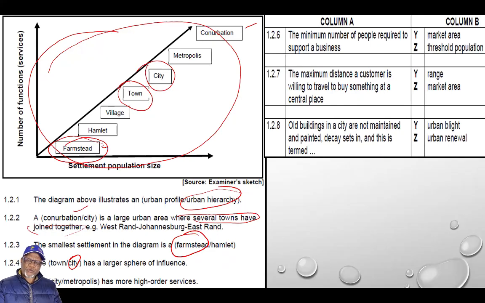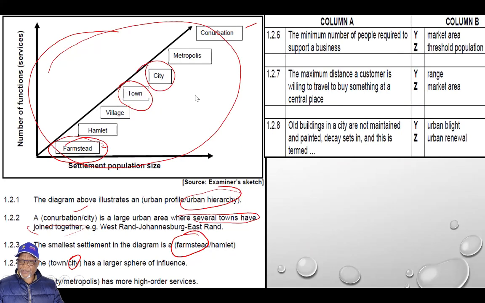But a metropolis will have more high order services than a city, and the city will have more high order services than a town. So that is how you are going to be able to explain that. So the higher the order, the higher the services. It depends on which one is higher on the ranking.